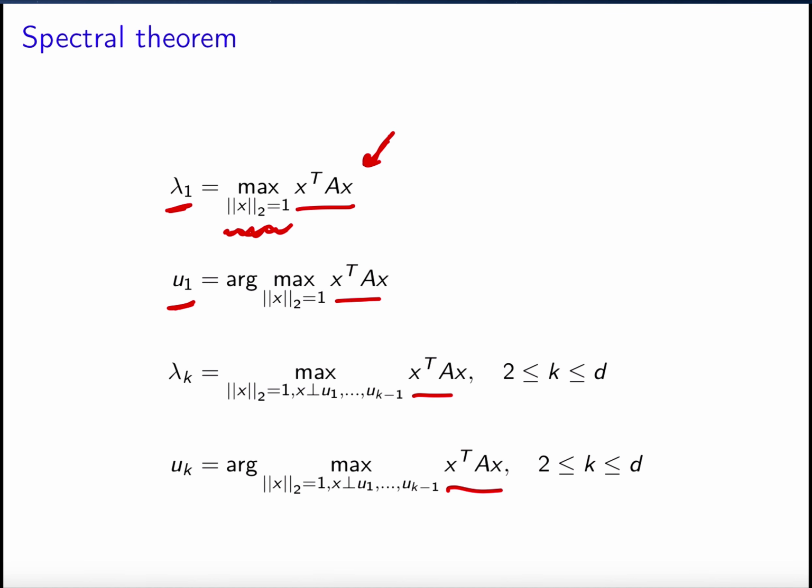Then if you restrict yourself to directions that are orthogonal to that first eigenvector, that is maximized by the second eigenvector. Or if you restrict yourself again to directions orthogonal to the first k minus 1 eigenvectors, then the maximum of this quadratic form is the kth eigenvalue, and it's given in the direction of the kth eigenvector.